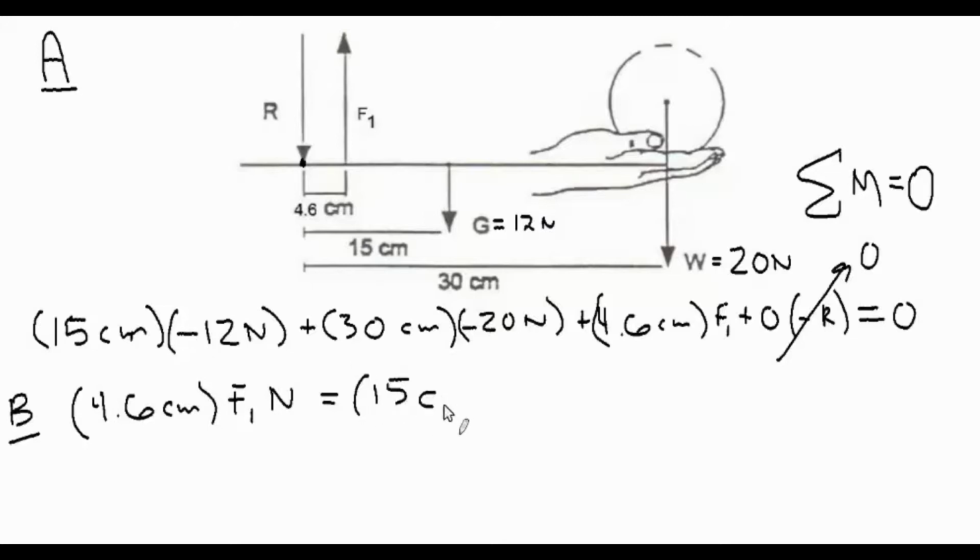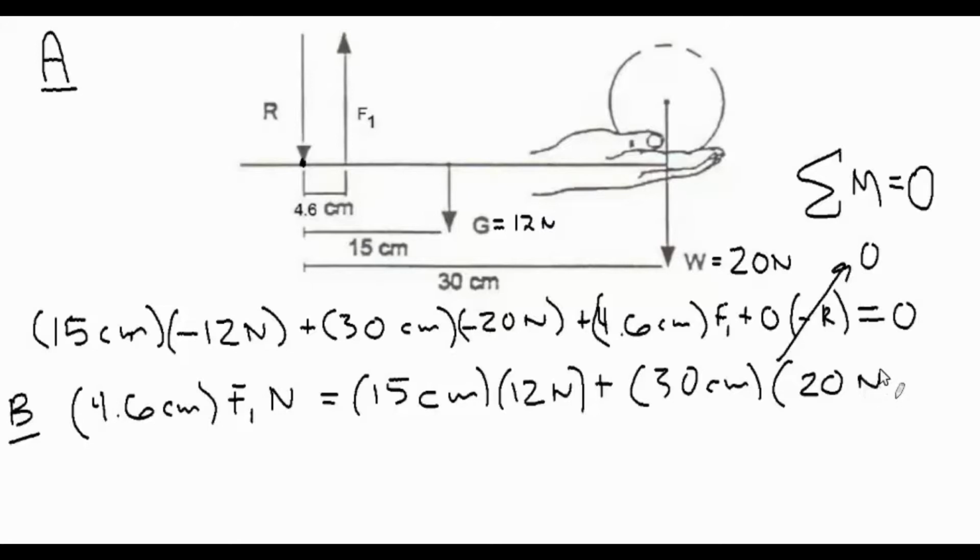15 centimeters times 12 newtons, because we brought it from the left-hand side to the right-hand side, plus 30 centimeters times 20 newtons. And what we're going to just do is divide through by 4.6 centimeters.